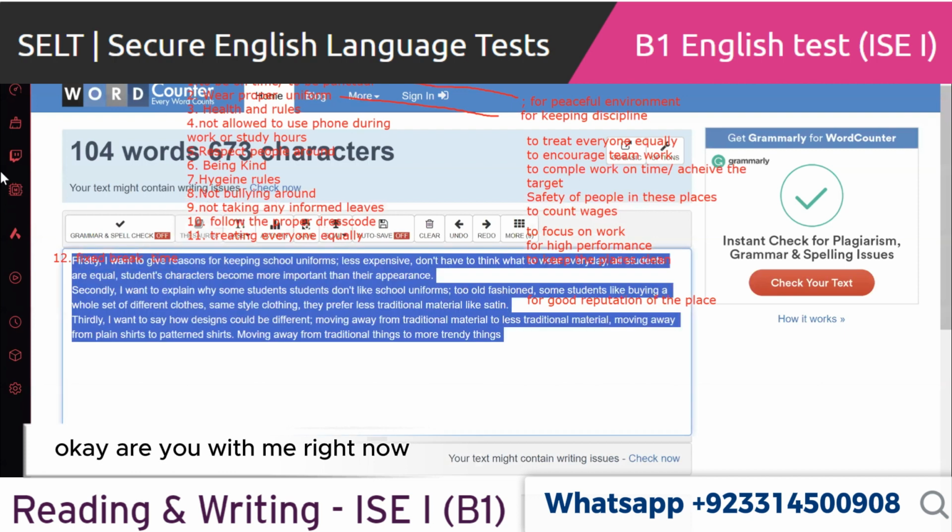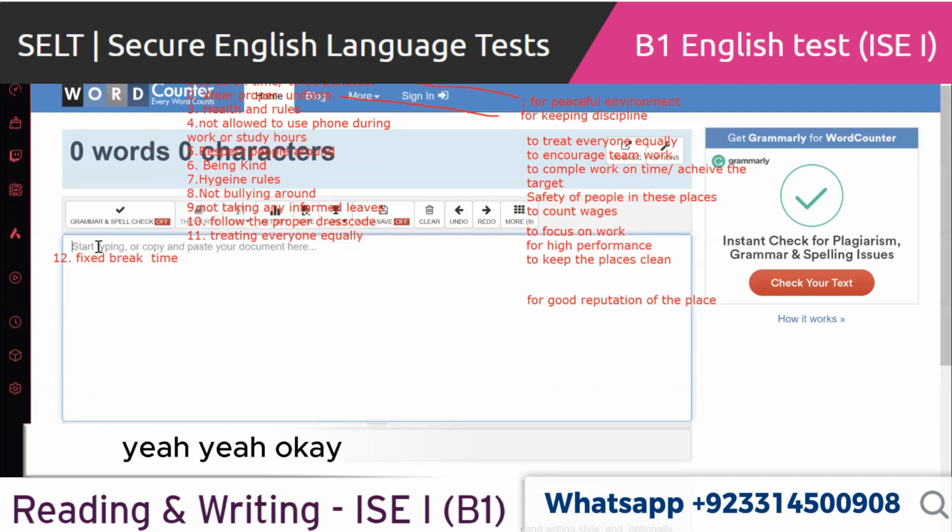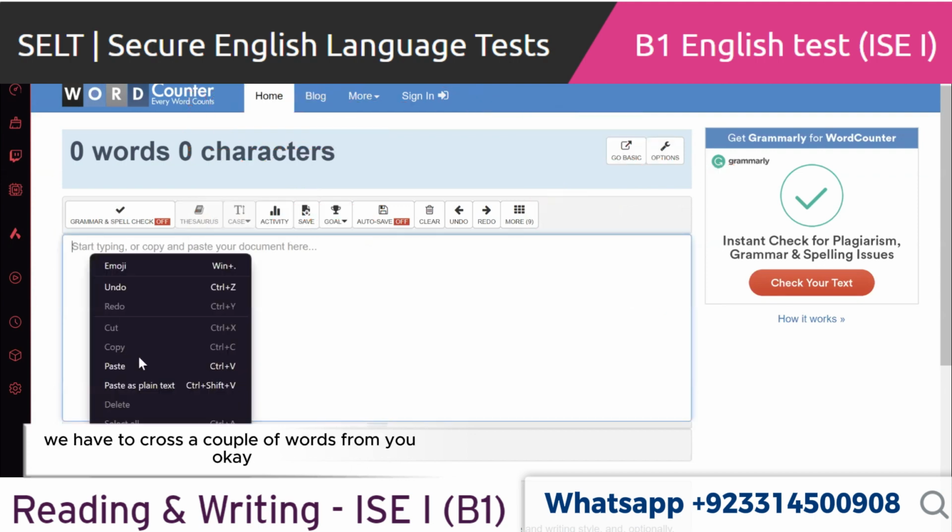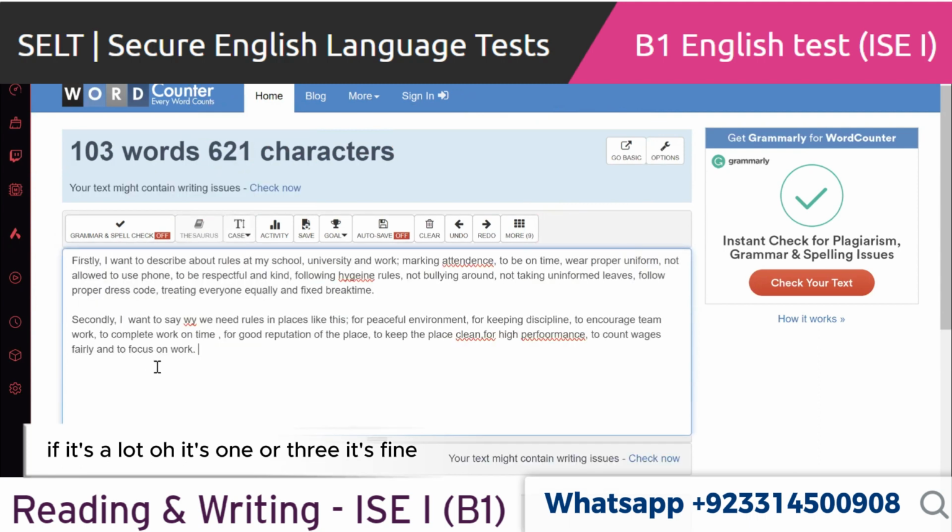Are you with me right now? Okay, so once we write that in here, we have to cross a couple of words from here if it's a lot. Oh, it's 103, it's fine. I've literally not written a lot for you.